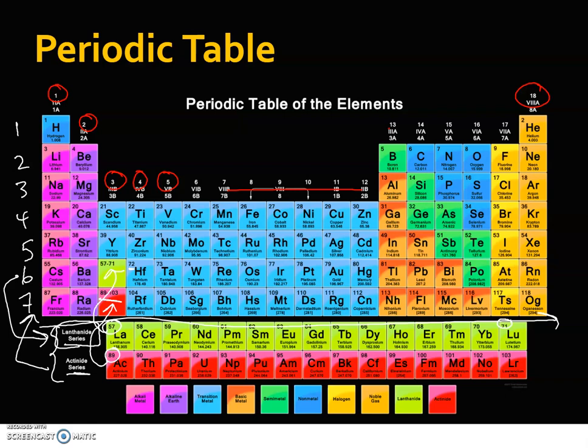And the reason why they're down here is because our families, our groups, have similar properties. So titanium, zirconium, hafnium, and all the way down to rutherfordium all have the same property. If we put 57 through 71 in here, these guys would be moved over here.